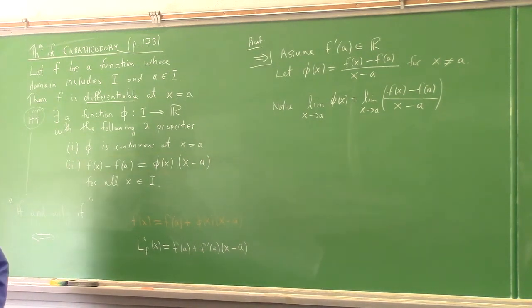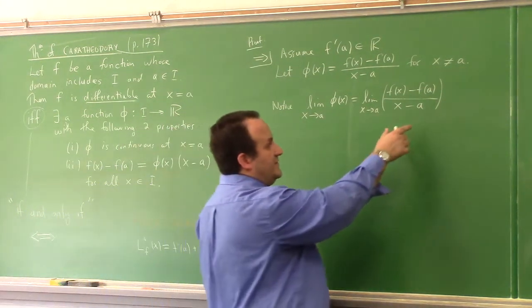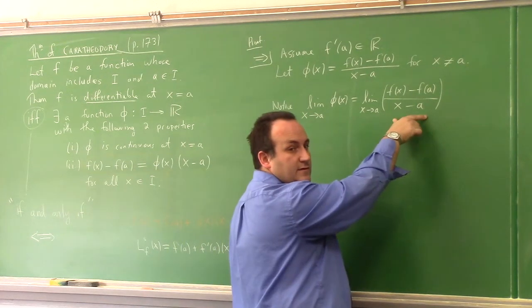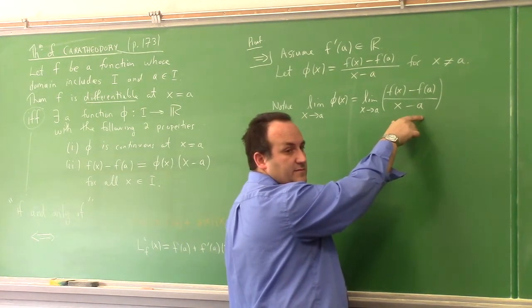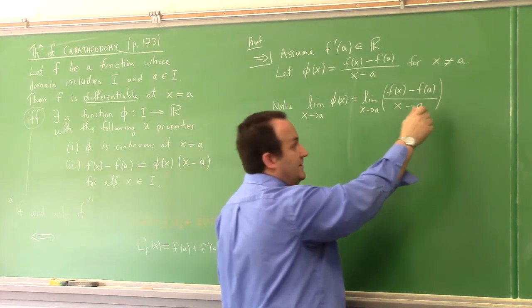But if we said f is differentiable at a, right? So does that limit exist? I mean, this is the difference quotient, right? So by definition of differentiable, this exists and it's equal to f prime of a, right?